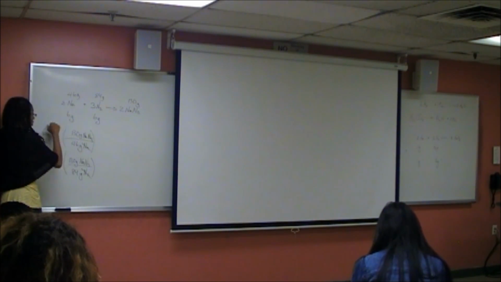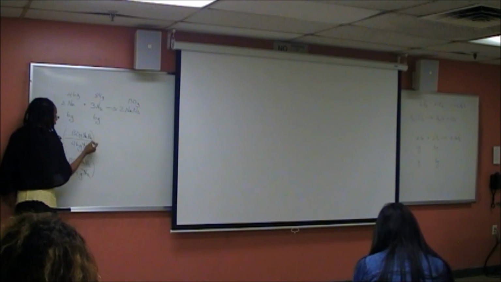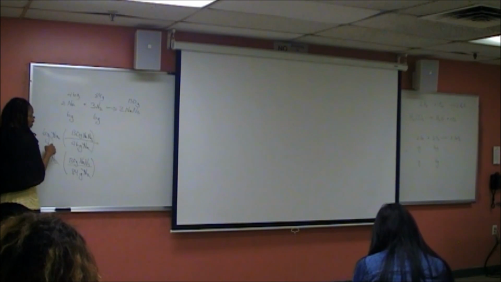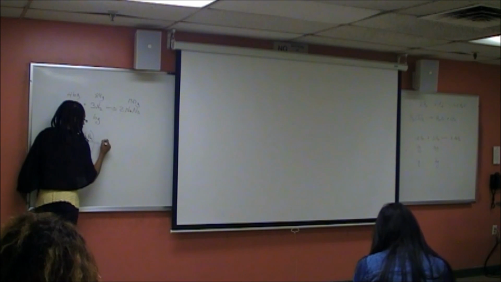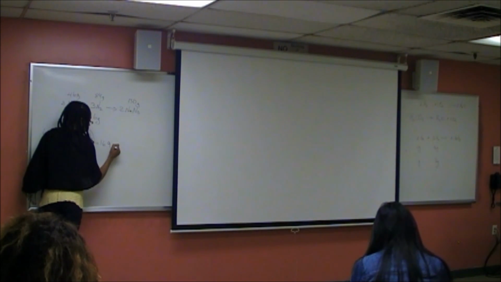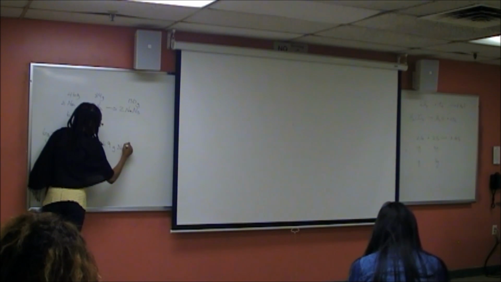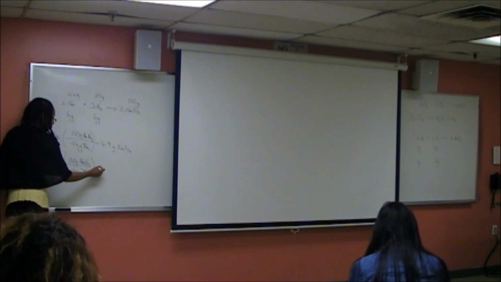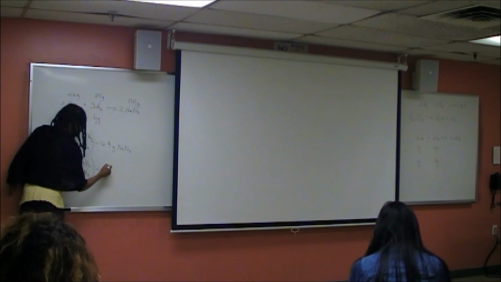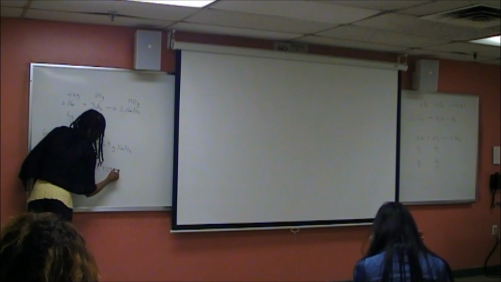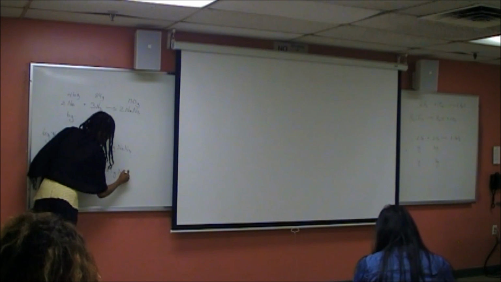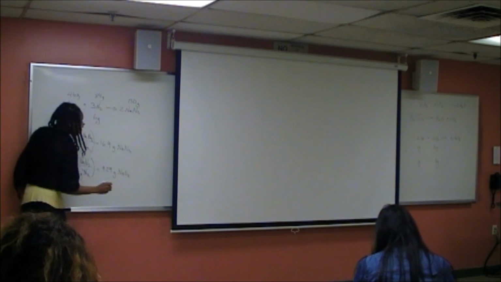Nitrogen gas cancels out. Multiply across, divide by the bottom. What do we get here? 16.9 grams of sodium azide. What about this one? 9.29 grams of sodium azide.